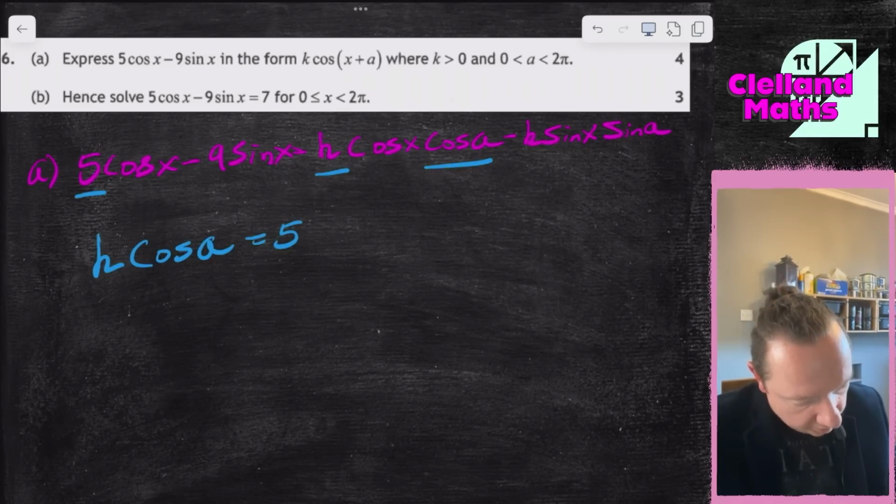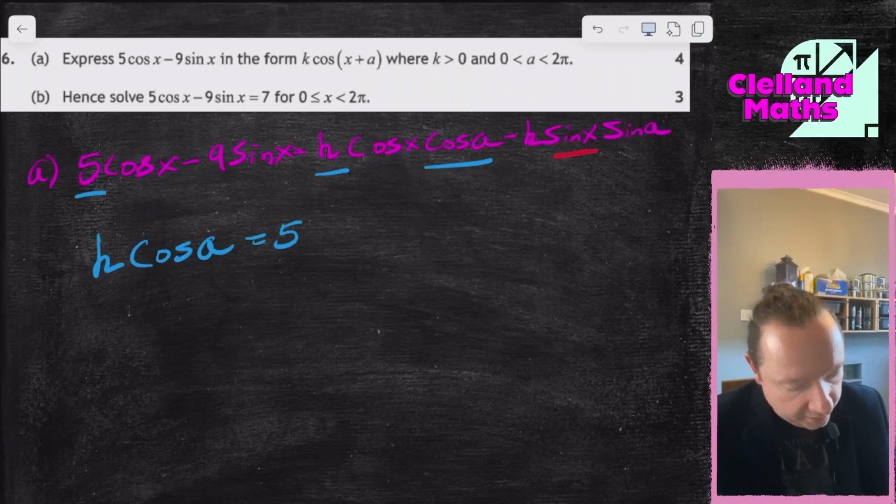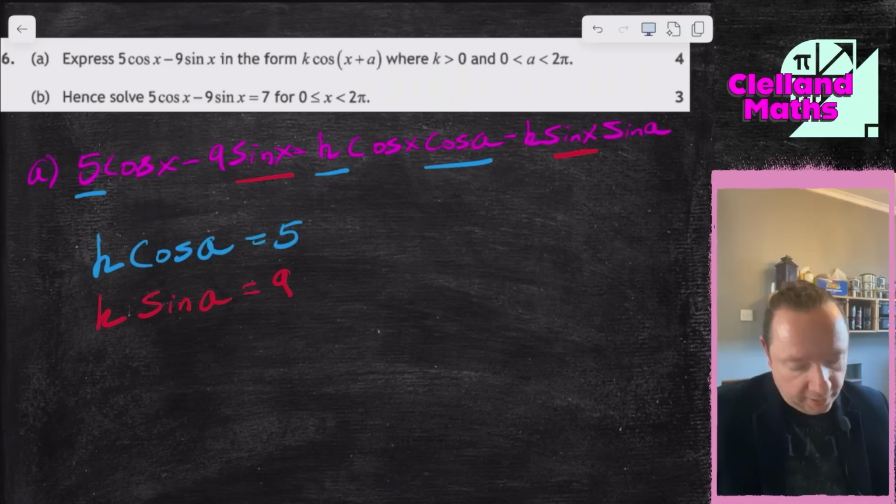And then similarly, in front of sin x, it's minus k sin a, but it's a minus on both sides, so I can just cancel the minus straight away. So it's just k sin a is equal to 9. If you don't like that, you can just write minus k sin a equals minus 9, so k sin a equals 9. So we've got our two equations.